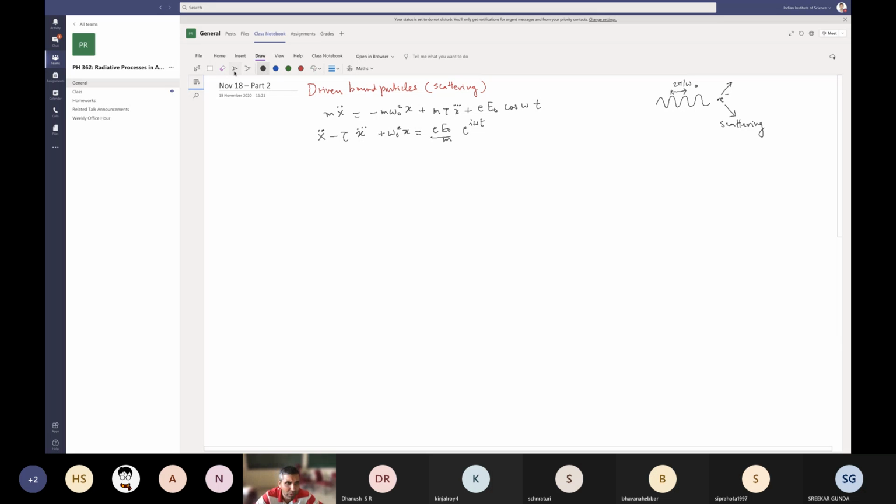This is actually omega, the frequency at which the background field which is exciting this electron varies, and omega naught is the natural frequency of this electron. So basically this electron is in some sort of a bound orbit where it is oscillating. It's not free. So this is scattering due to bound particles.